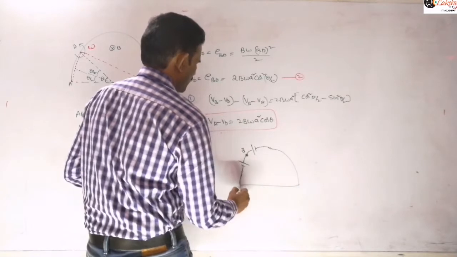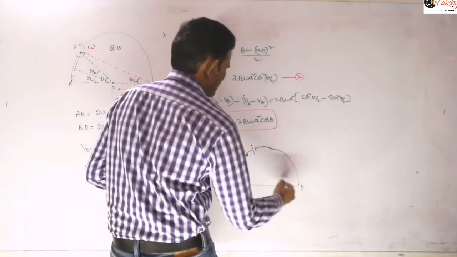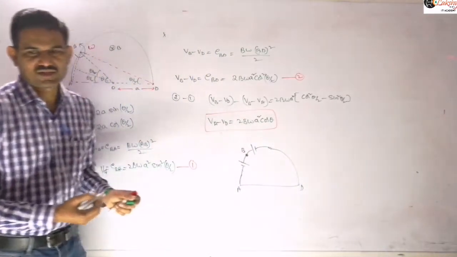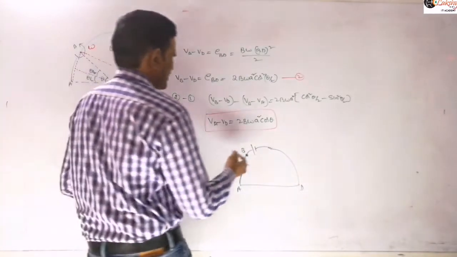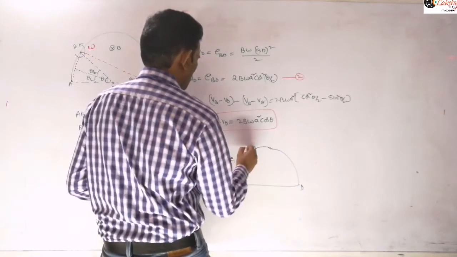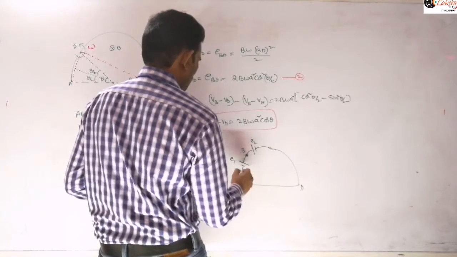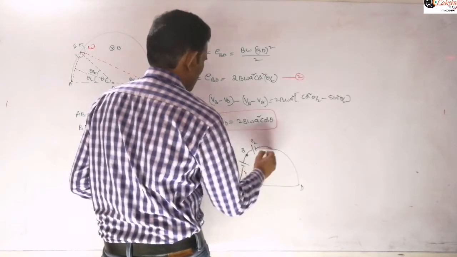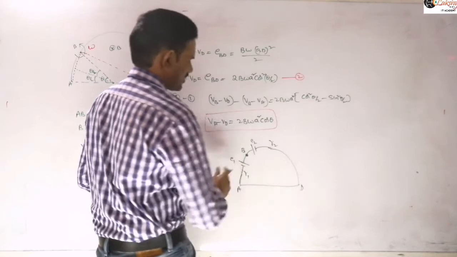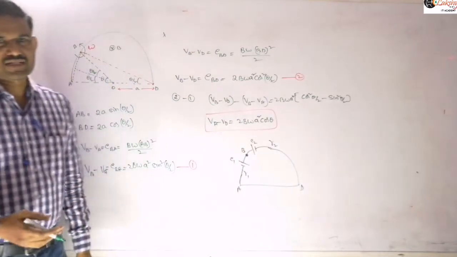So this is B, this is A and D. Now this has zero resistance, right? And now this has some cells of EMF, say E1, and this is E2. Their resistances I am taking as R1 and R2 here, right? Those are the resistances there.